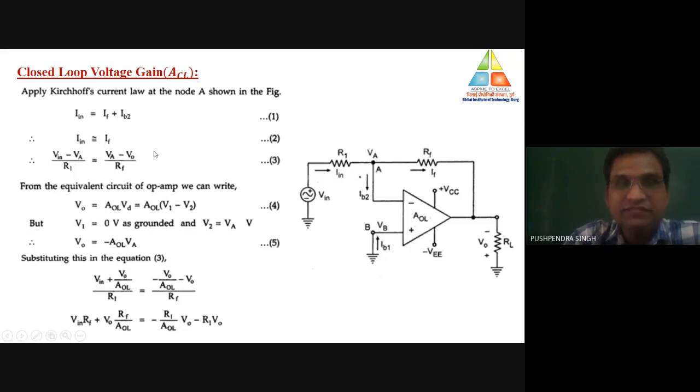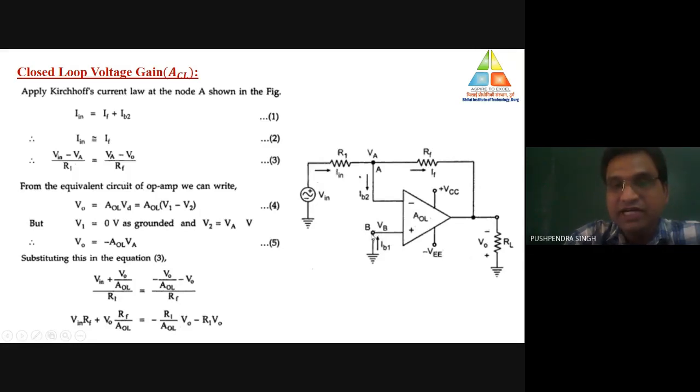We have substituted these values. From the figure it is clear, I think. IN is equal to VIN minus VA divided by R1, and IF is VA minus V0 divided by RF. Now what is VA? VA is VB due to virtual ground. As per the concept of virtual ground, the inverting terminal voltage must be equal to the non-inverting terminal voltage.